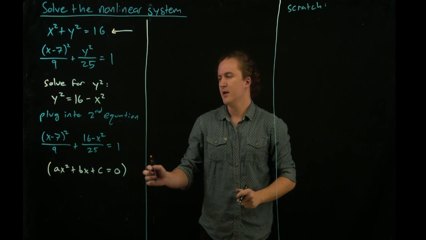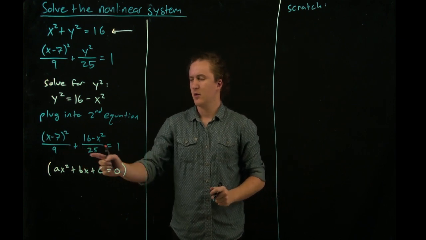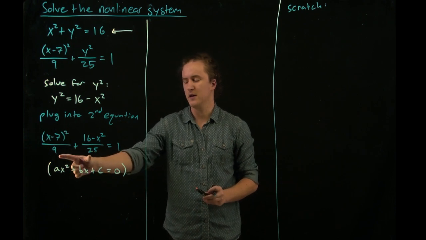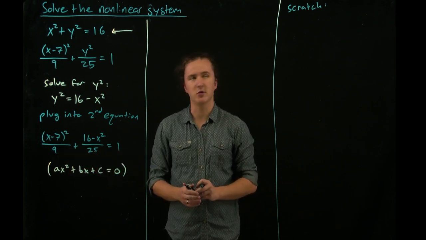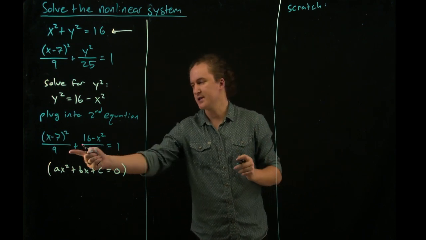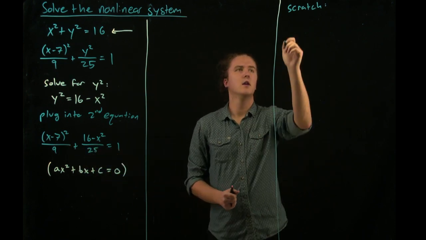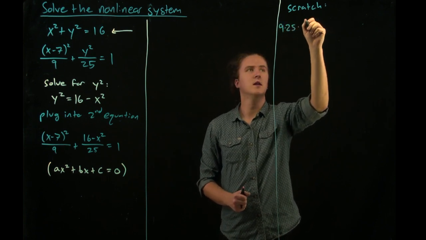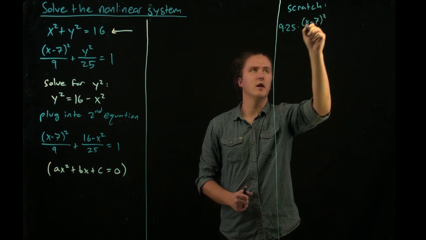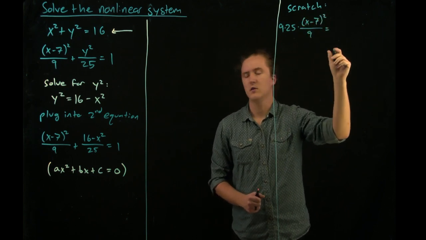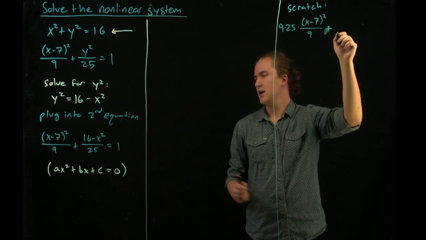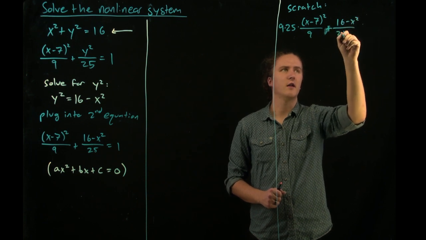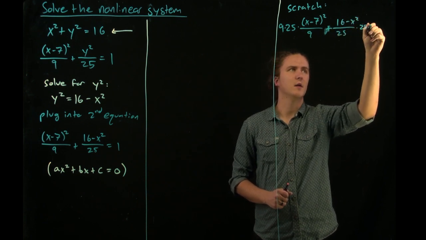Let's do the first step of canceling out these two denominators. We do so by multiplying through by the least common multiple, which in this case is 225, which is exactly 9 times 25. So I have 9 times 25 times (x minus 7) squared over 9 plus (16 minus x squared) over 25 times 25 times 9.